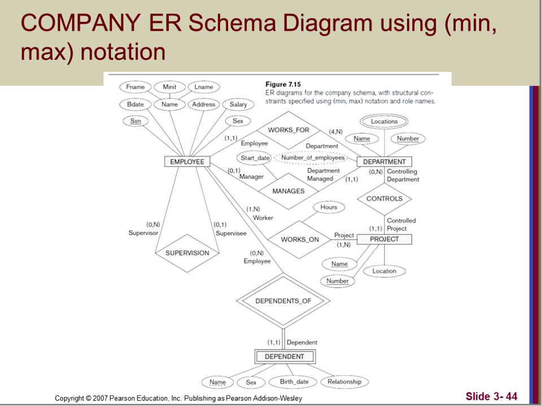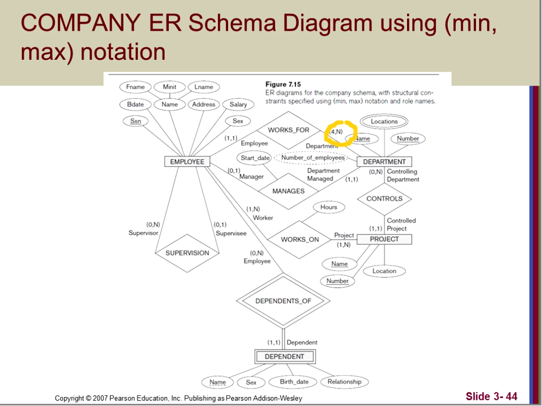Let's see in this example, you see the 4, n, which means each department has at least 4 employees. How can you decide what is the minimum, what is the maximum? Your customer will provide such information. Sometimes from the given document, as a designer, you can find such information.